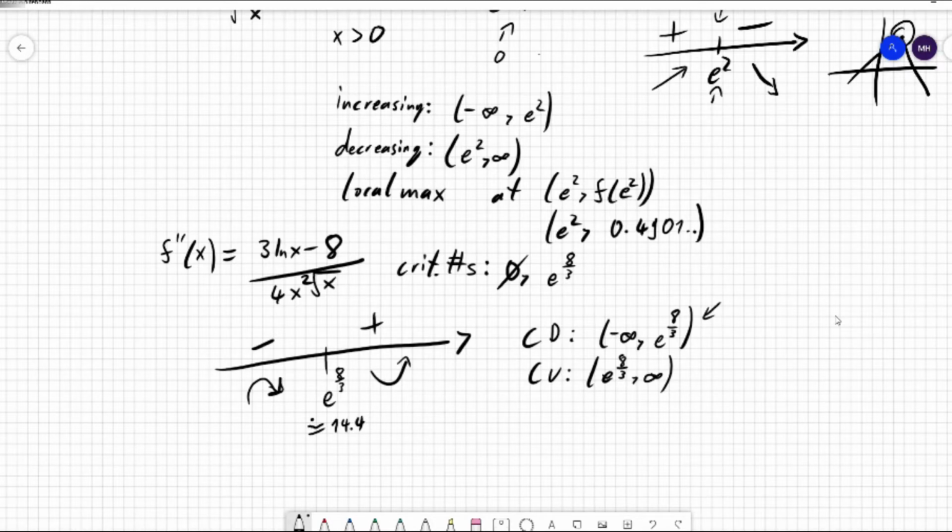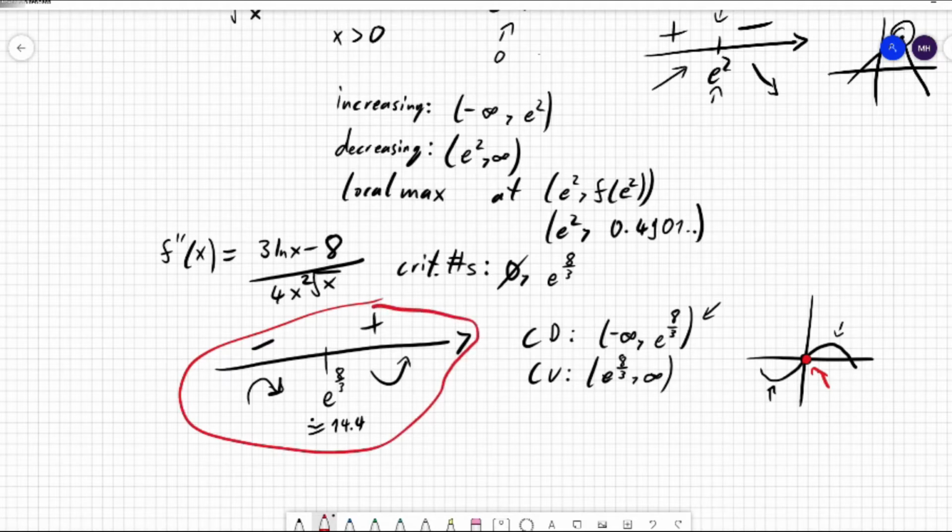And then finally we want to find the inflection point, and the inflection point is just the point where the function changes concavity. This is not the function, but this is concave up here, this is concave down, so right here is the point where it's changing, so this would be the inflection point. And we can see based on this that the inflection point is going to be right here.